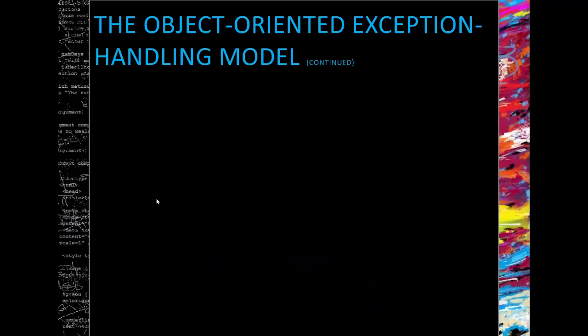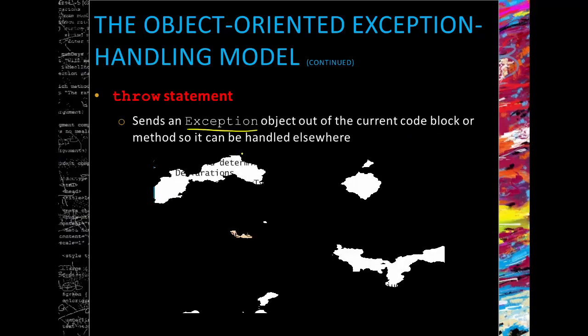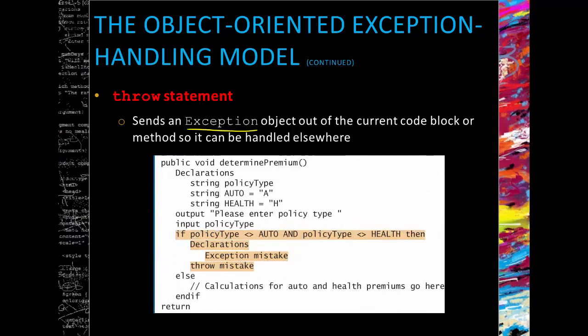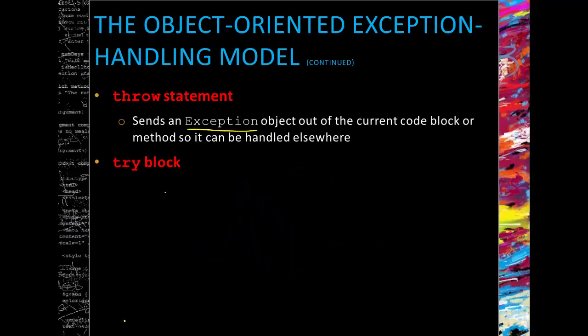All right, so let's discuss these models a little bit more. First one, the throw statement. What does it do? It sends an exception object out of the current code block or method so it can be handled elsewhere. So it's got a built-in exception class or a derived one, like in Java. Then you've got the try block. This is used for a segment of code that might go wrong.